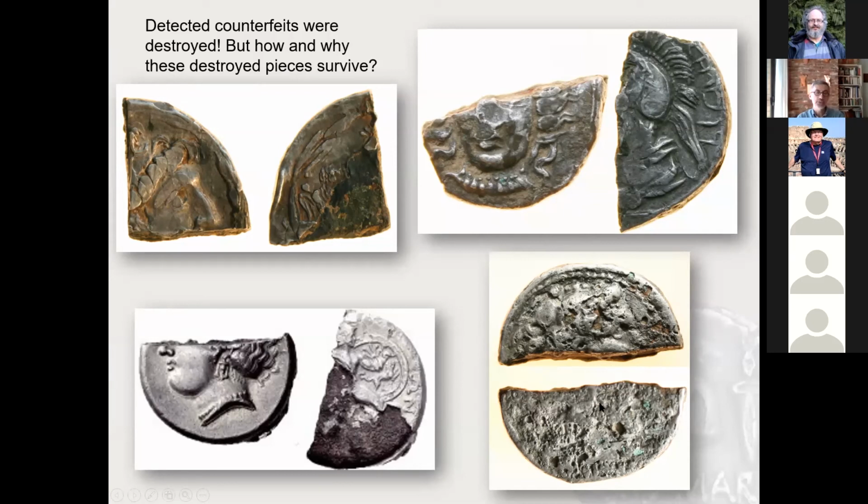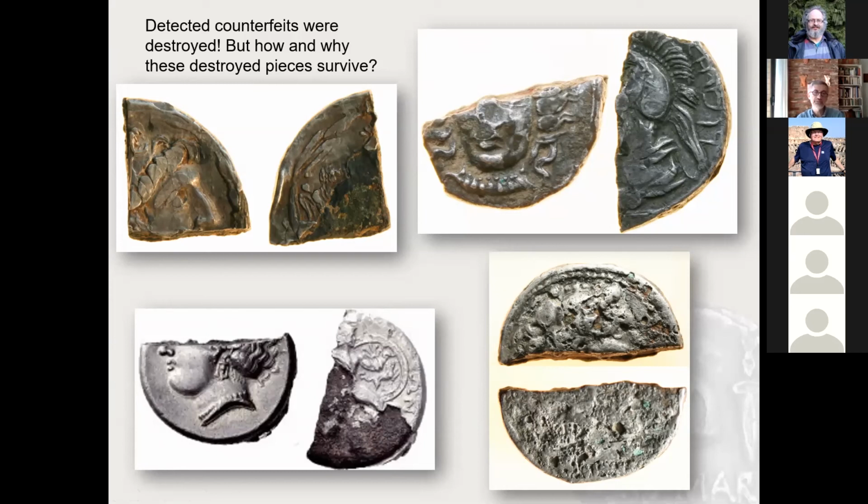And this one is also in my collection, but this one I found online. But there are many, many of them available online. You can find many of these. So they were detected, they were destroyed, but what happened? Why did they continue to survive? We don't know, but they survived.